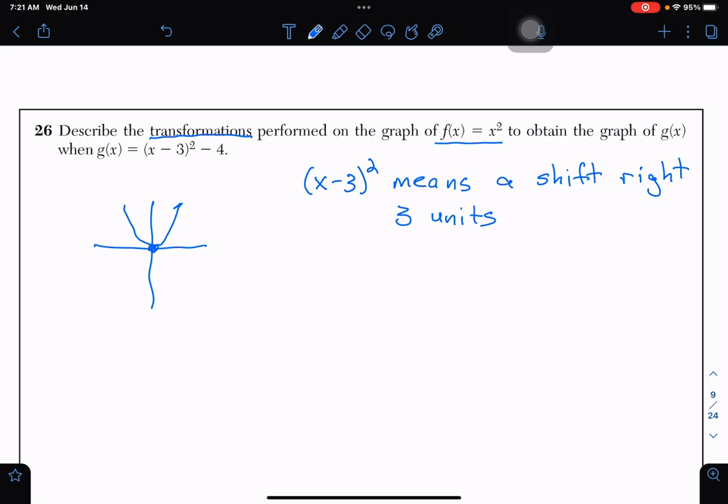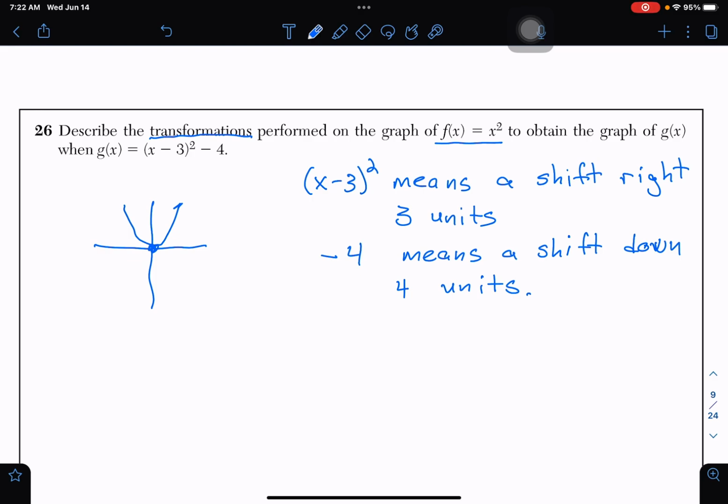Okay, and the negative 4 means a shift down 4 units. Okay, so you can just write those two things and you would get full credit.